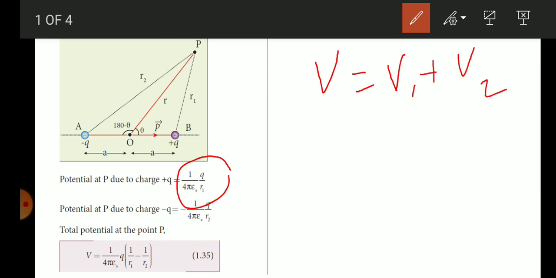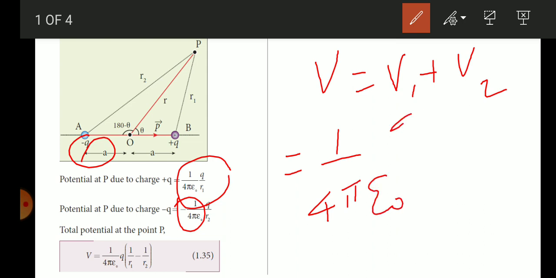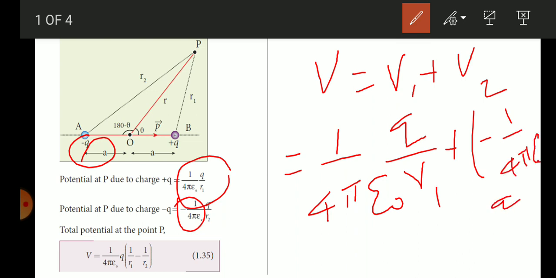And look at this second one, there is a negative sign. This negative sign comes because it is a negative charge. Okay, then when I substitute in this formula, I will get 1 divided by 4 pi epsilon naught, q divided by r1. This is the value of V1, plus of minus 1 divided by 4 pi epsilon naught, q divided by r2.